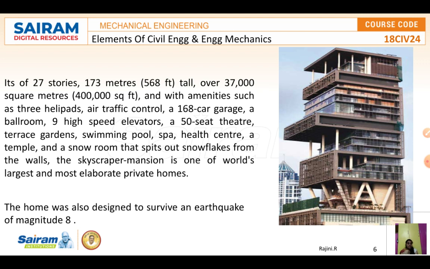It has 27 floors and is 173 meters tall, over 37,000 square meters, with amenities such as 3 helipads, air traffic control, a 168-car garage, a ballroom, 9 high-speed elevators, a 50-seat theater, and terrace gardening.